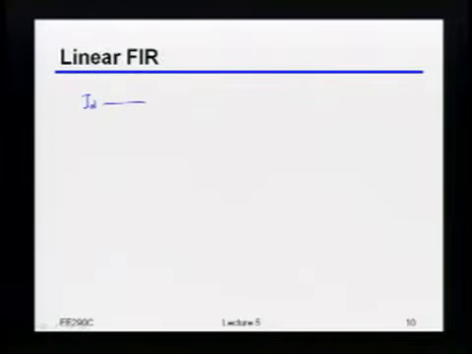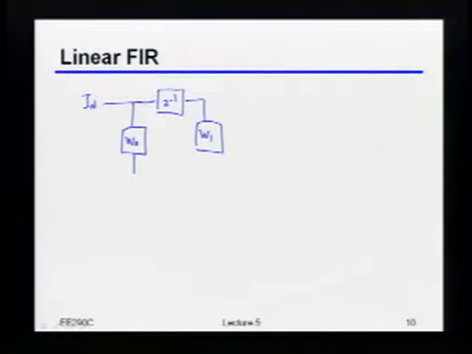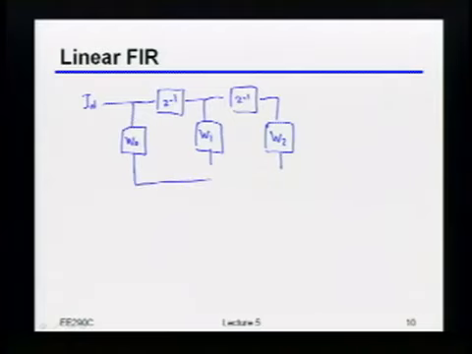With an FIR filter, and again, I'm hoping this is a review for everybody, but just in case, I'll quickly draw it. You're working in the discrete time domain, and you're going to take delayed samples of the data, weight them by different coefficients, and then add each one of those samples together.